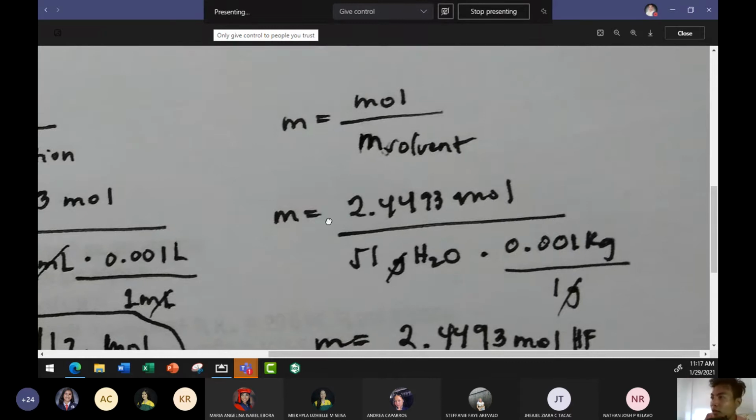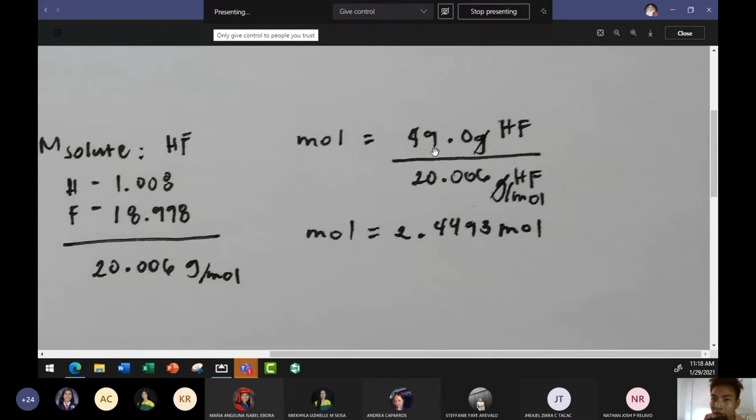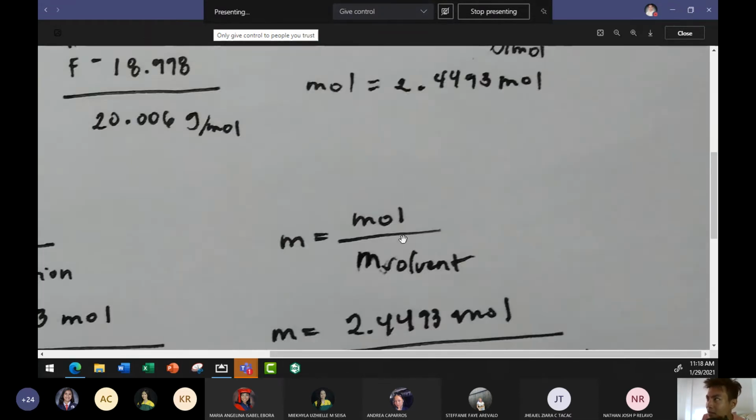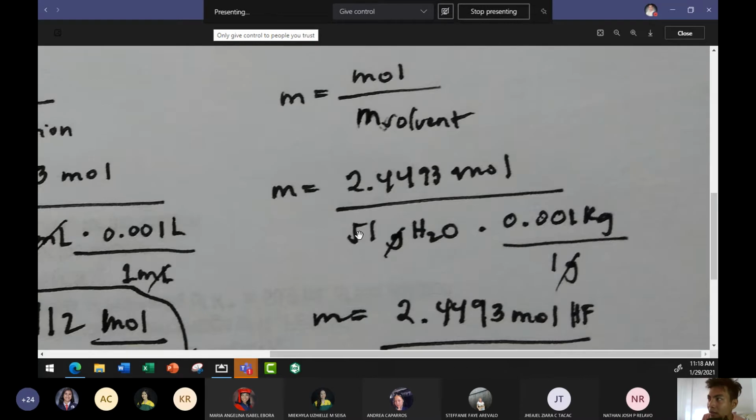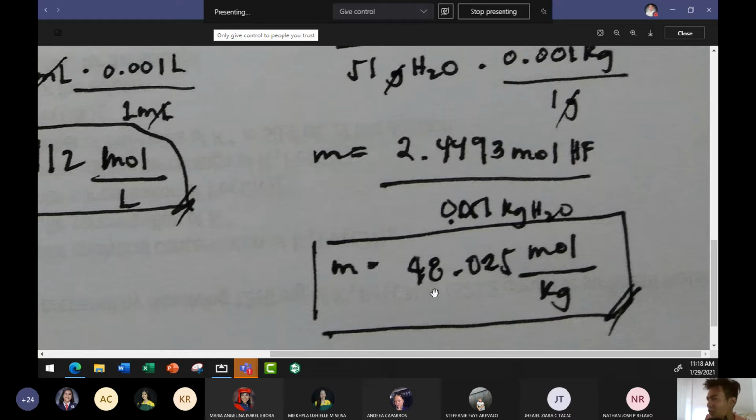Ito na yung mole. Kinuha na pala niya yung mole. Okay, so to get mole, that is 49 grams divided by the molar mass of the hydrofluoric acid. And then divided by the mass of the solvent in kilograms. And the final answer is 48.03.